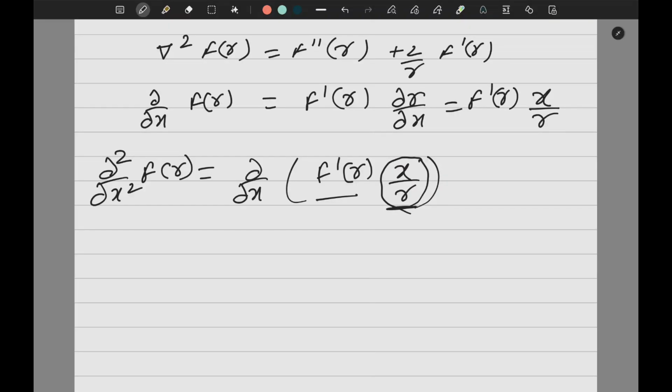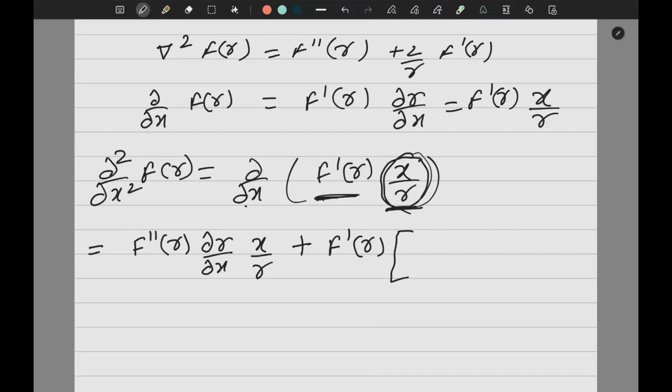So now let us do, and I'll be writing from here. Now first dou by dou x of this. So f double dash r dou r by dou x into x by r. Okay, differentiation of this into this plus f dash r and differentiation of this. Now differentiation of this, quotient rule you have to apply.